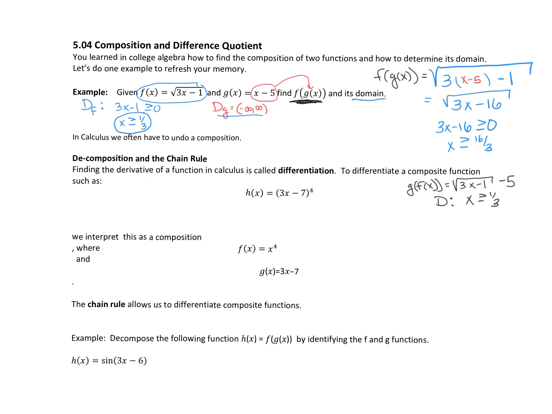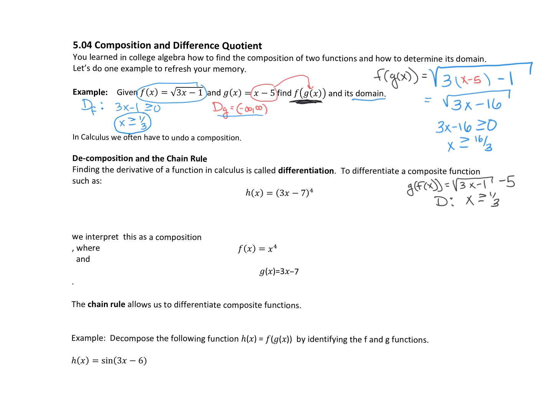So what we do in calculus is we want to be able to look at a function and identify that it's a composition of other functions. In this particular case, we have h of x is 3x minus 7 raised to the 4th.